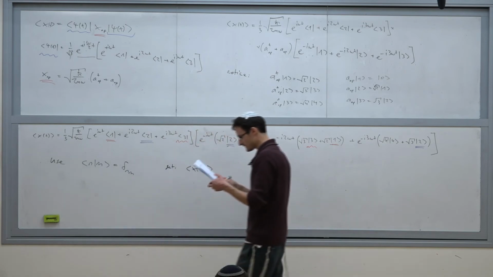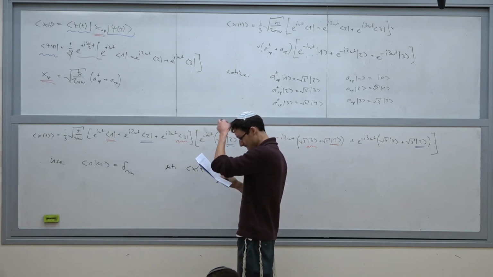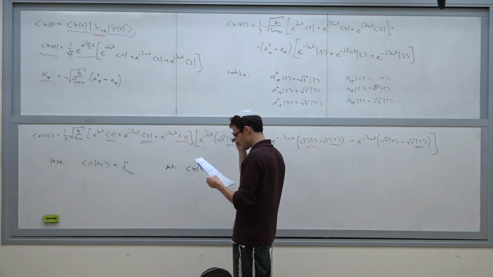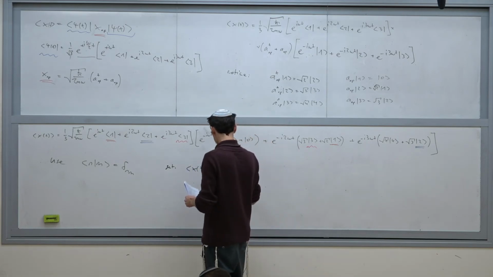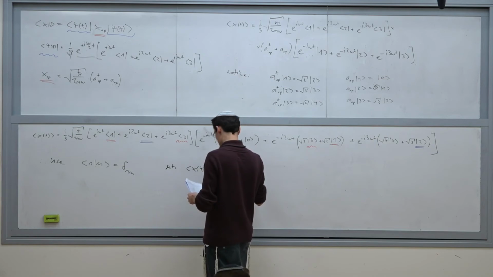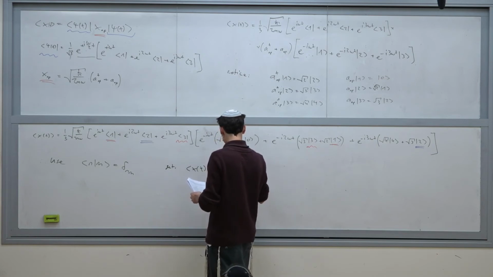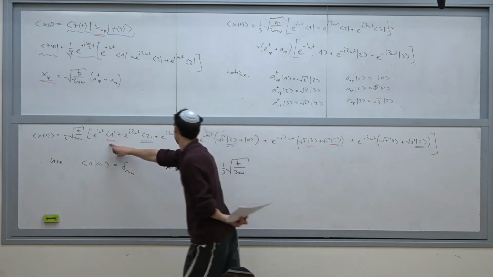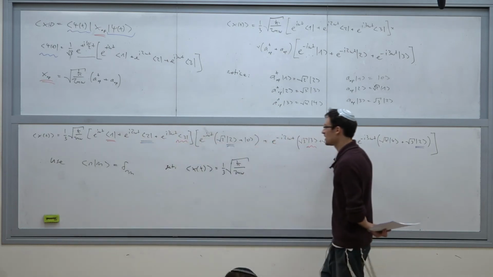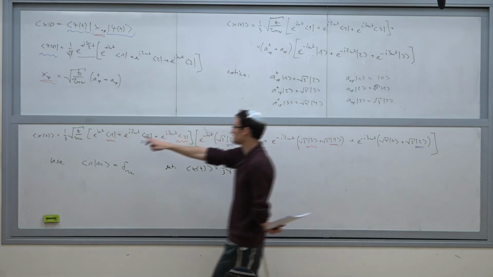So what we get, after we put it all together, is a third root of h bar over 2m omega. That's just this constant from the beginning. Now when 1 multiplies 1, we get root 2 times e to the i omega t.